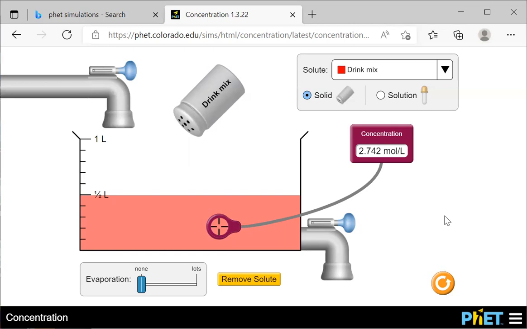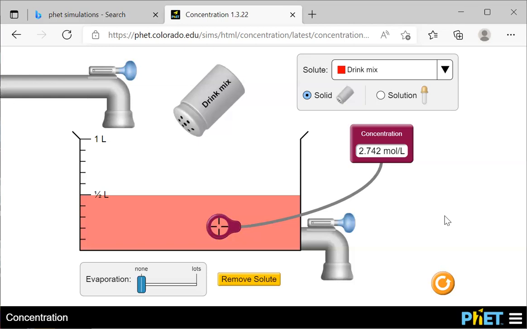This takes us in turn to letter H, that it asks, assuming that the amount of solute doesn't change, which is what I was just explaining, what is the relationship between volume and concentration of the solution? Remember that when we added the water, what we were doing is diluting our original solution.